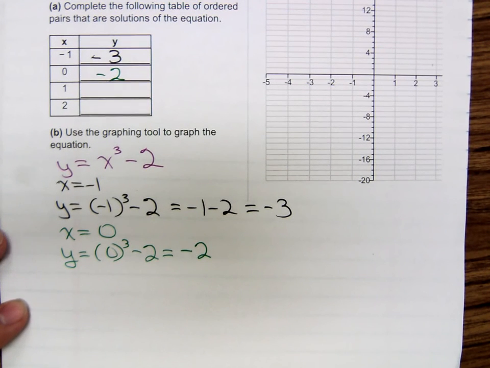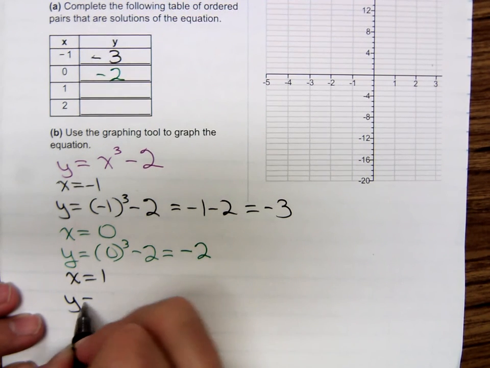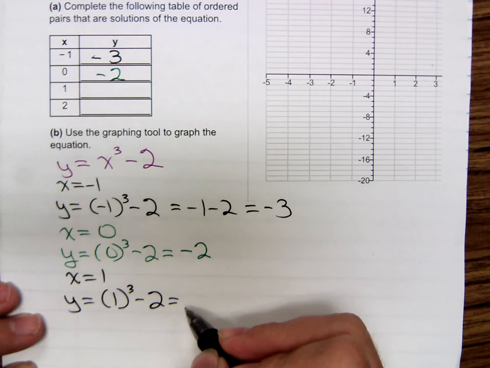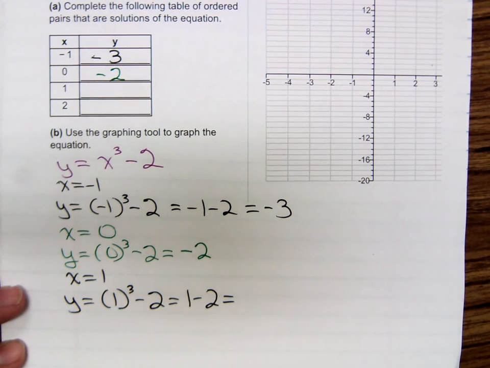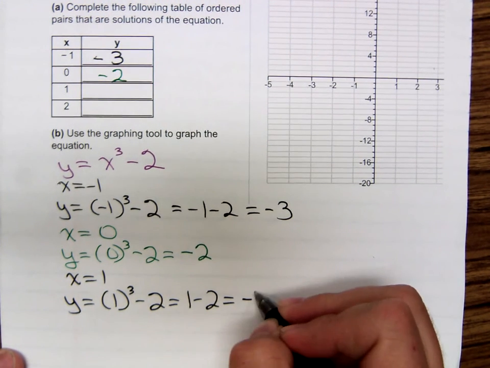What's the next number we have to plug in? 1. That gives me 1 cubed minus 2. 1 cubed is 1, minus 2 gives me a y value of -1. I agree.